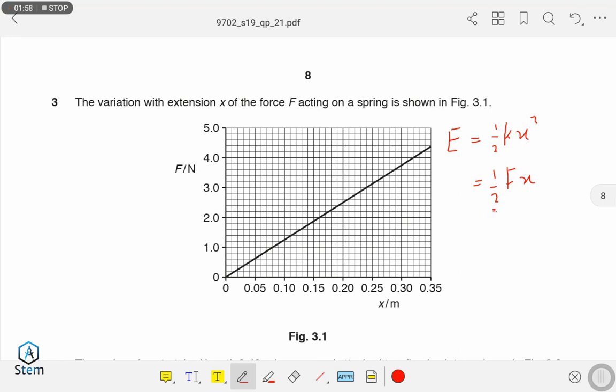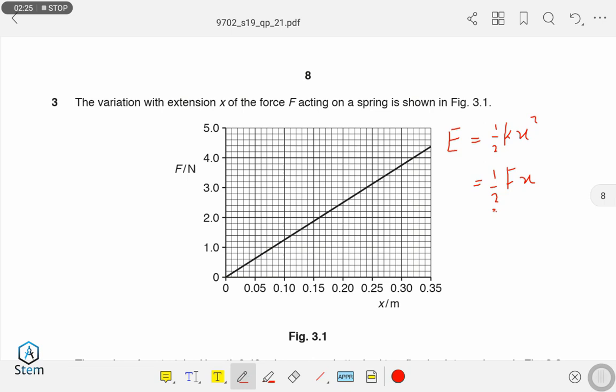Then the x is the extension, so we can use that equation as well. Since our graph is starting from 0 on both axes, we can also take the area under the graph. This area under the graph is equivalent to the energy change which happens when you stretch a spring.